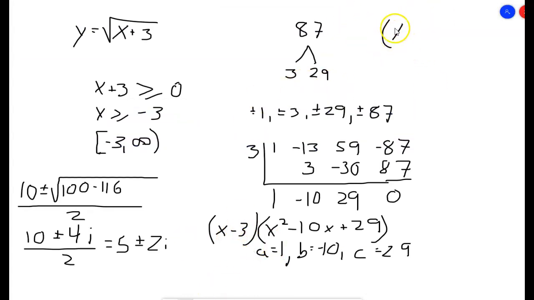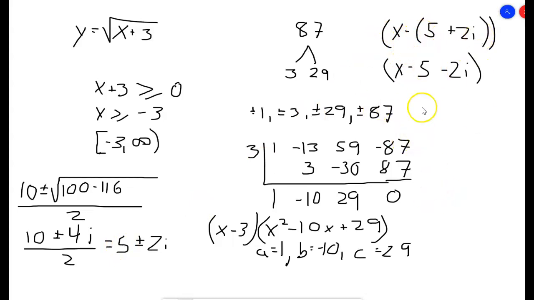If I have x minus 5 plus 2i, that's going to simplify after I distribute that negative to x minus 5 minus 2i. And if I do the x minus 5 minus 2i, I'll get a similar result of x minus 5 plus 2i.